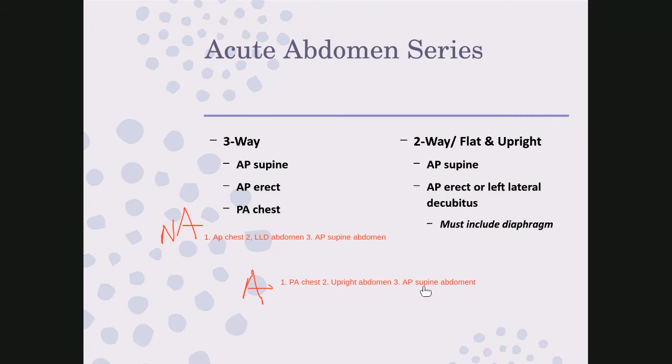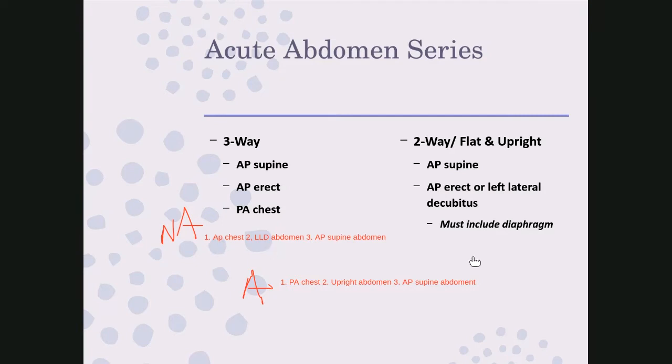And then note in both ambulatory and non-ambulatory, we are able to perform an AP supine abdomen. Okay, so if they're ambulatory: PA chest, upright abdomen, AP supine abdomen. Non-ambulatory: AP chest, left lateral decubitus abdomen, and then an AP supine abdomen.